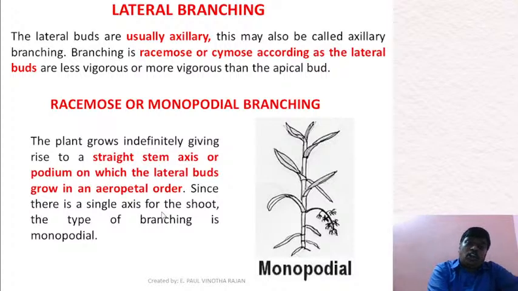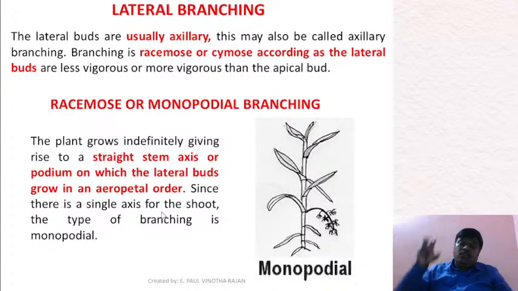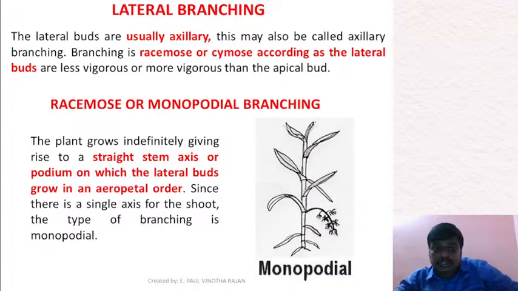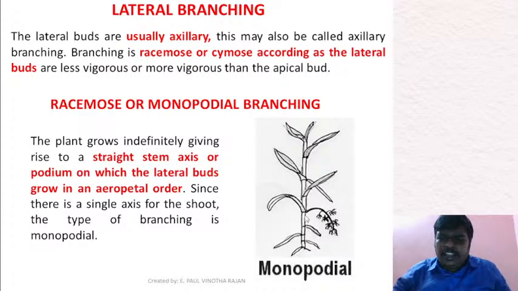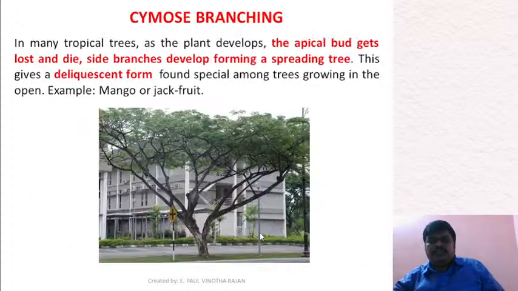What is acropetal order? The older one will be at the bottom, and the younger one will be on the top. This is called acropetal order. There is only one branch here, so it's called monopodial.